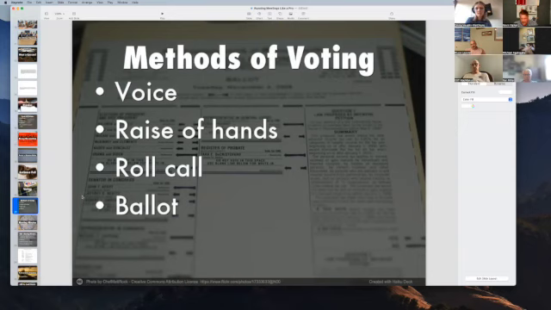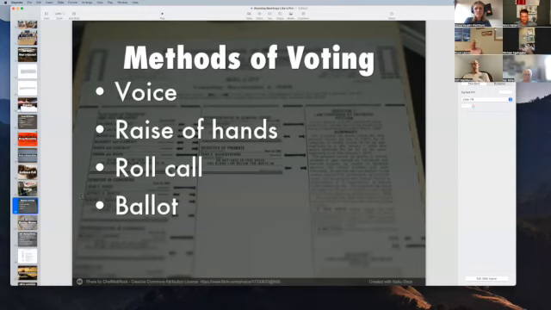But you could do a raise of hand votes. You can do a roll call vote. So someone has a roster of all owners and you literally read off the name of each owner and then record whether they voted yes or no. So use your discretion. I think there's at least a dozen methods of voting under Robert's Rules. Ballots are generally the preferred method of tracking votes.